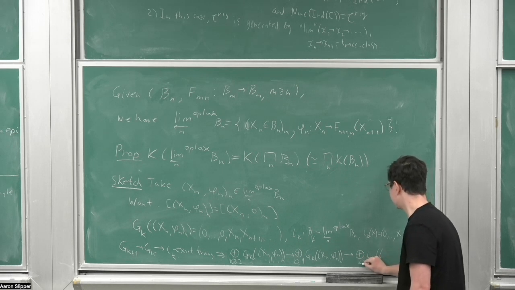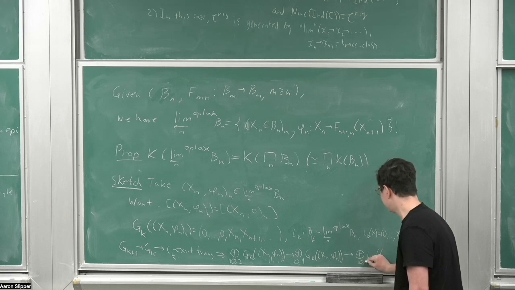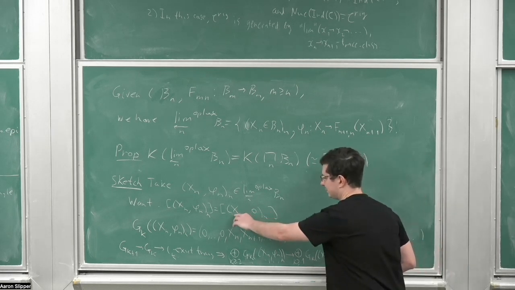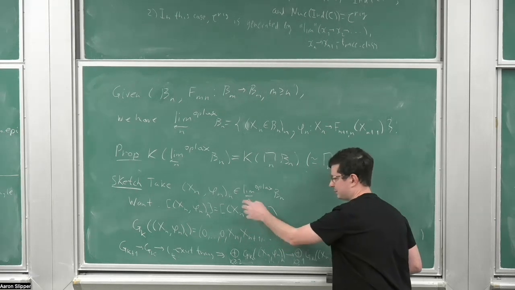But the direct sum of delta k is just the object with the same xn, but with zero transition maps.